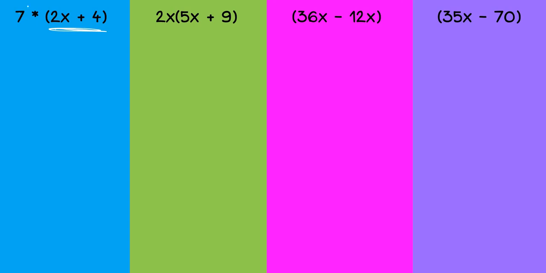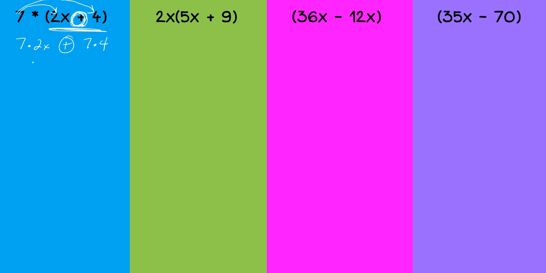What the distributive property allows me to do is distribute that times 7 to the 2x and to the 4, therefore essentially breaking the parentheses. So then this would become 7 times 2x plus 7 times 4. I keep the plus sign because it was an addition problem up here.